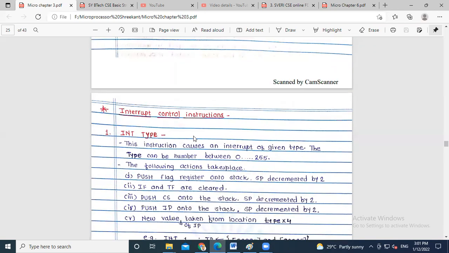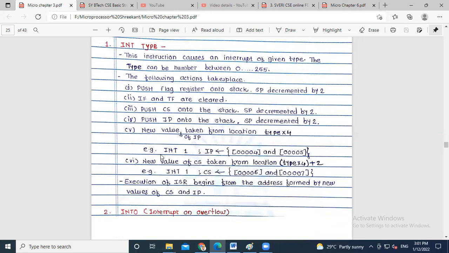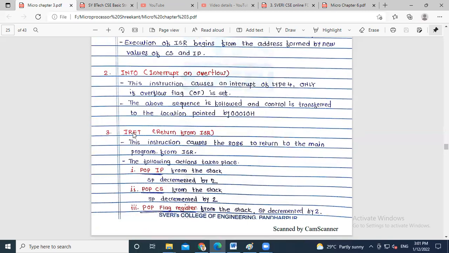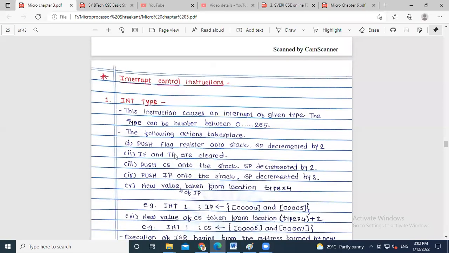As I said, interrupt means sub abnormalities during program execution. INTO means interrupt on overflow, and IRET means return from ISR. So these three instructions, we will look into them.